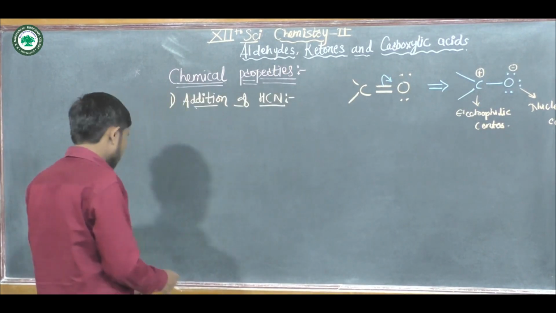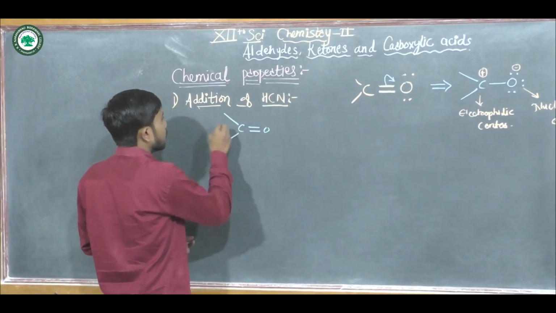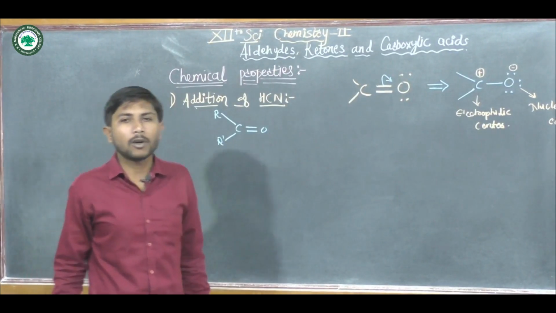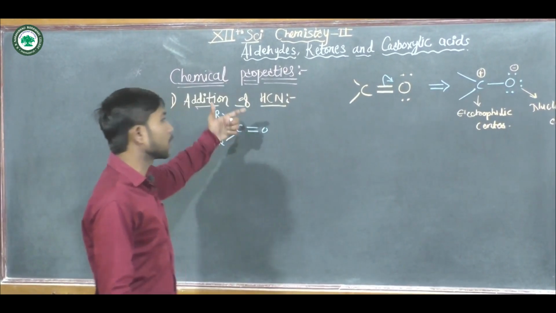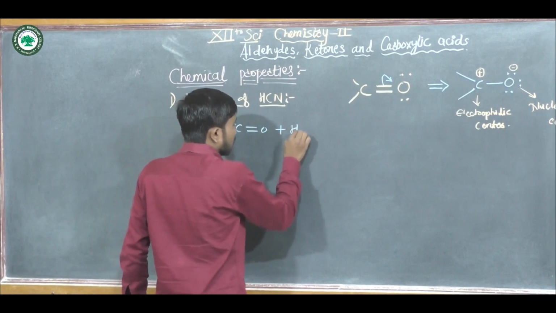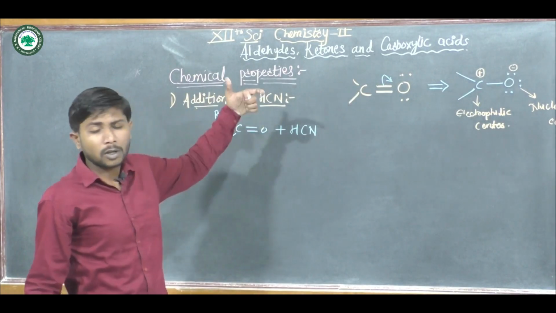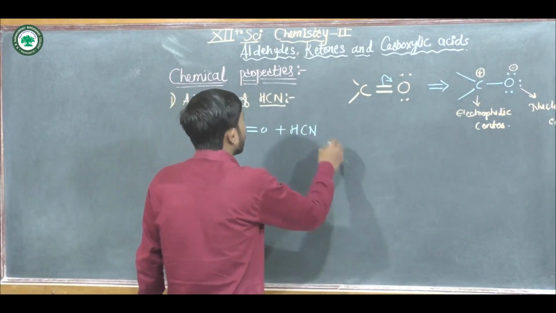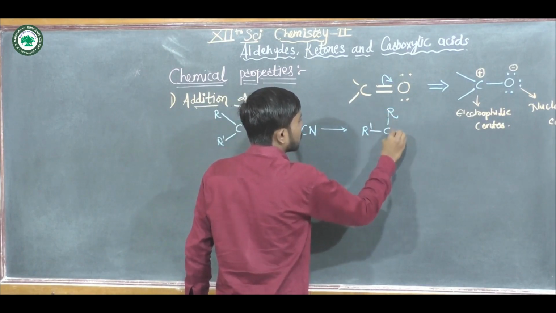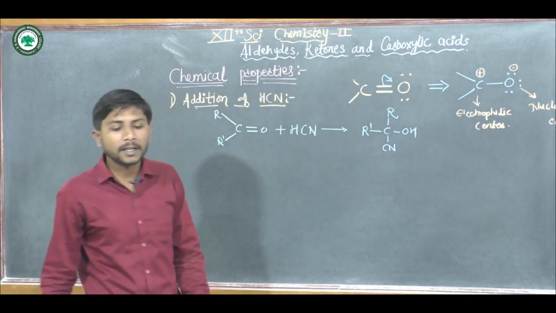Look at the general reaction. Here R dash, for aldehydes you can keep as hydrogen, and for ketones it is a second alkyl group. When hydrogen cyanide is added to these ketones or aldehydes, there is a formation of cyanohydrin.